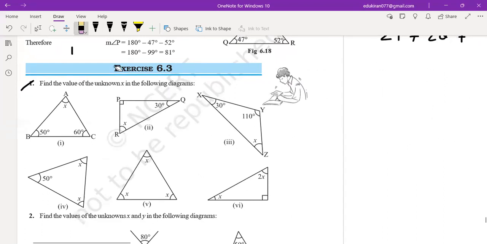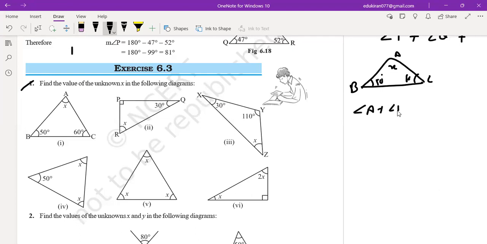Okay, so one by one we will be discussing the answers over here. So the first question itself says this, right? It is X, it is 50 degree, and this is 60 degree, and this says A, B, and C. So over here, angle A plus angle B plus angle C equals 180 degree, right?